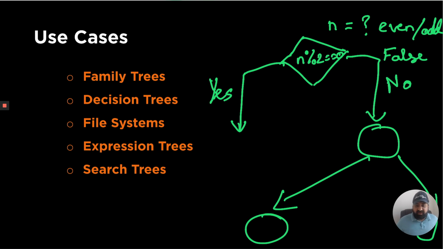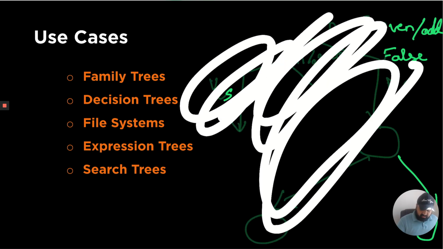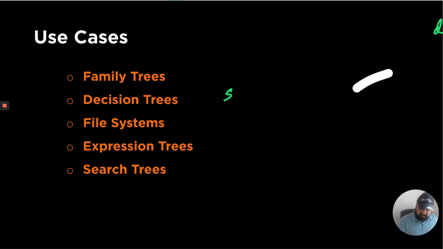Another example is the file system. A Linux file system is typically represented by a tree. Even your hard drive has a file system in Windows or Mac that is also represented by some type of tree, which is not exactly a binary tree, but we are going to discuss B plus trees next week.